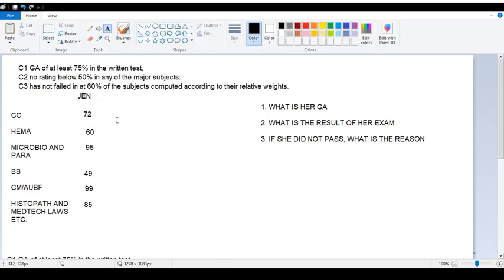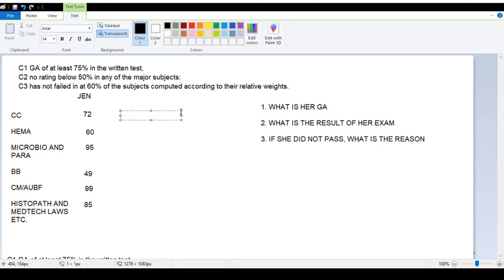Pero, pag tinatamad ka naman, you may use your calculator also. That is 72 times 0.20 to get the 20%. Kaso madali lang naman, di ba? That is just basic math. 7.2 times 2, that is 14.4.